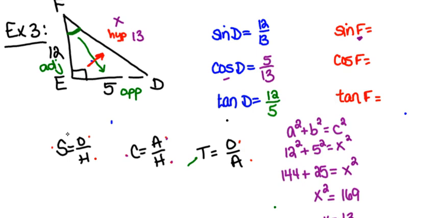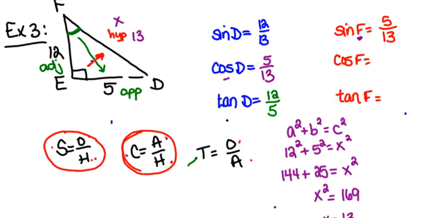So sine of angle F, well, I find the sine by comparing the opposite and the hypotenuse. So 5 over 13. Cosine, I'm going to find by comparing the adjacent over the hypotenuse. So cosine of angle F is going to be the 12, the adjacent, over the hypotenuse, 13.